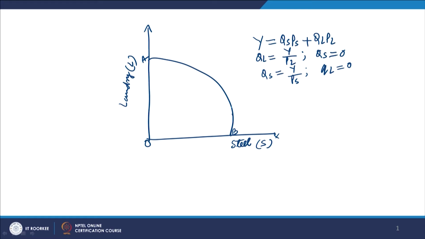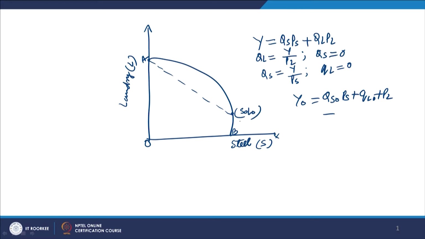If you take the presence of externality, then this line passes through the point A, and that is the price ratio when we have y0 equal to Qs0 Ps0 plus QL0 PL0, and say this is the one point where we have S0 and L0.